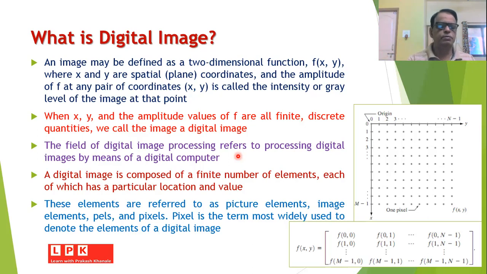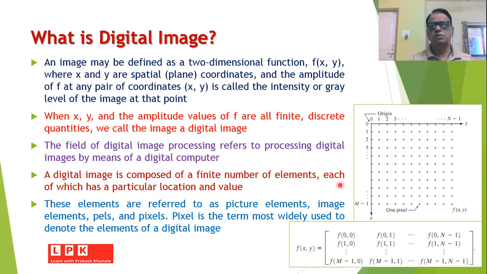So a digital image, as I said, is composed of a finite number of elements, and each element will have a particular location and a particular value, and this value can be given by making use of the function f.